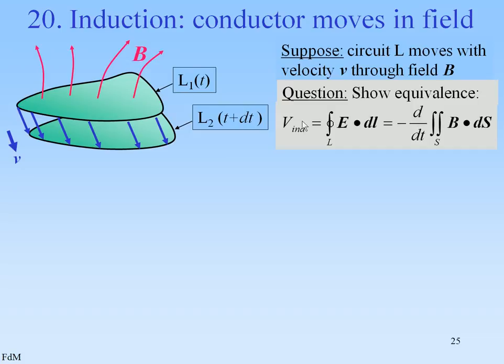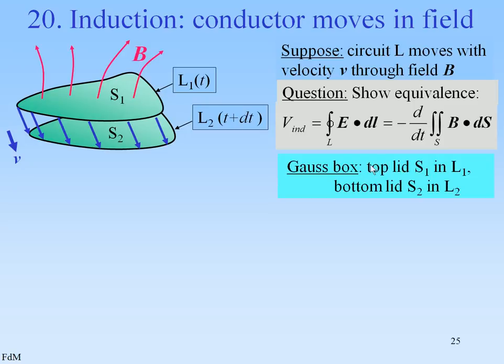The question is, let's show that the induction potential along the wire, or the path integral here, can be written as the time derivative of the flux through that circuit.